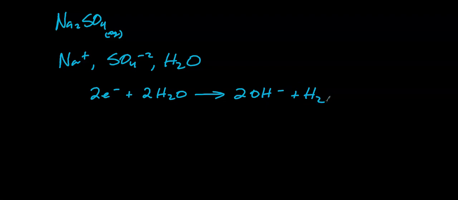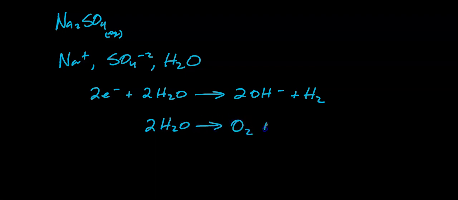Well, how about the oxygen? Where does the oxygen gas come from? Well, it must come from the water. It says the oxygen in water is more easily oxidized than sulfate ions are. So we make oxygen gas at the anode. So here is the equation for the oxidation of water.